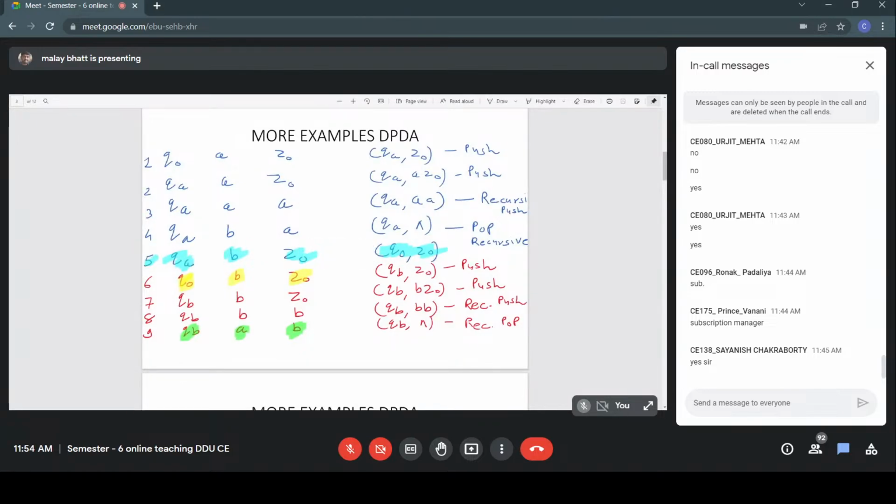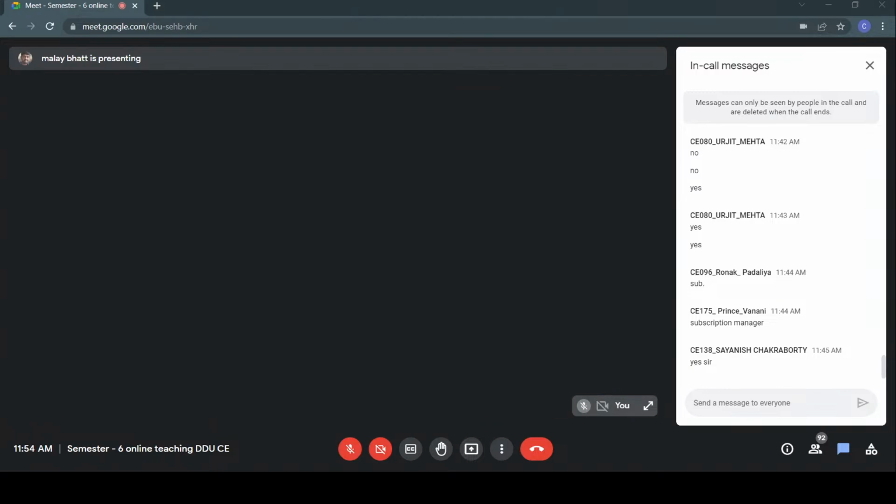We require one more rule here, similar to rule number 5. That is QB, A, Z0. We also need a rule QB A Z0. That is rule number 10, which is similar to 5.